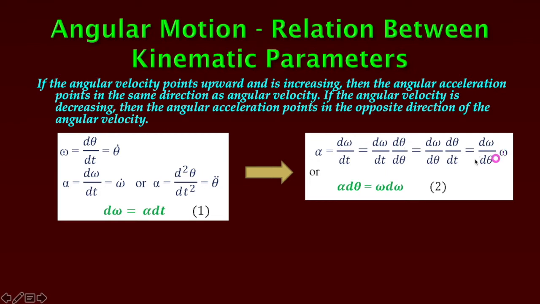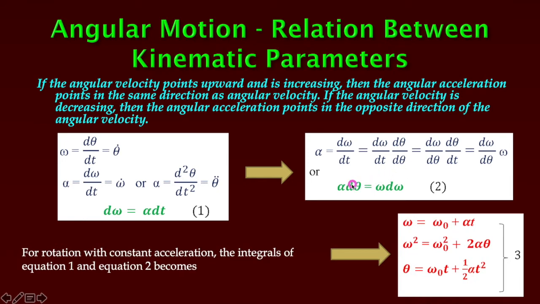So finally, alpha d theta equals omega d omega. Equation 2.